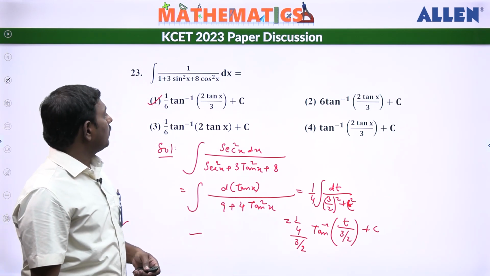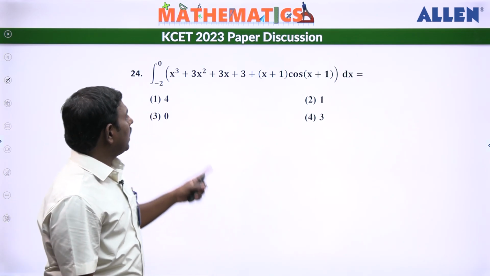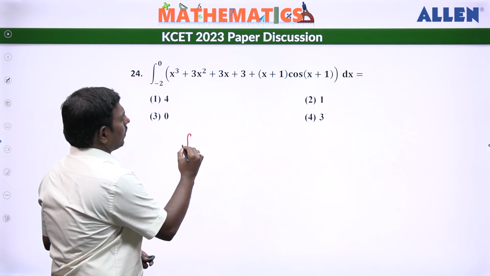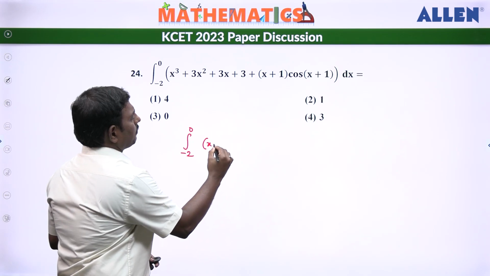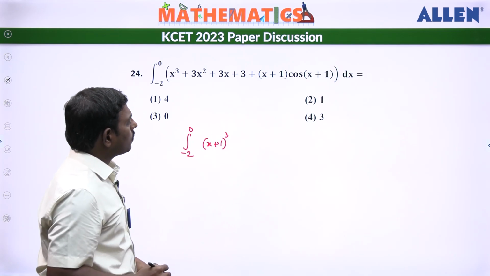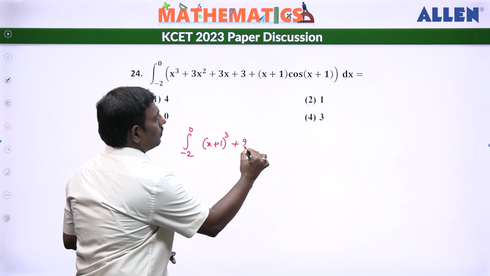So now moving to question number 24. In question number 24, you can observe x cube plus 3x square plus 3x plus 3. The expression you can write as integral from minus 2 to 0 of x plus 1 whole cube, which is x cube plus 3x square plus 3x plus 1, and the remaining part is 2.